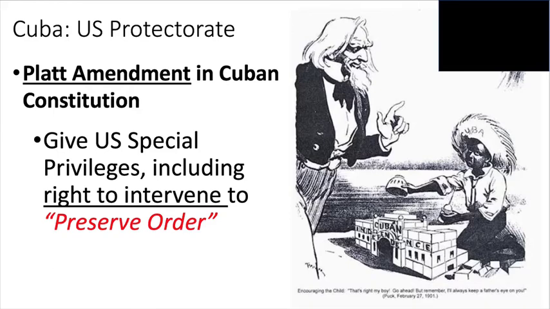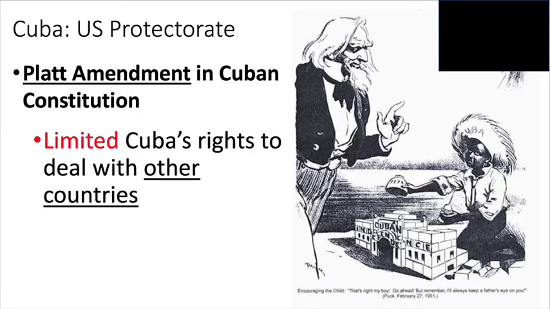Another thing in the Platt Amendment is that the United States gets to limit Cuba's right to deal with other countries. So again, in keeping with that Monroe Doctrine, we now have the right to tell Cuba that it can't deal with Europeans, that it doesn't get to make its own choice about who it wants to trade with or have military alliances with.